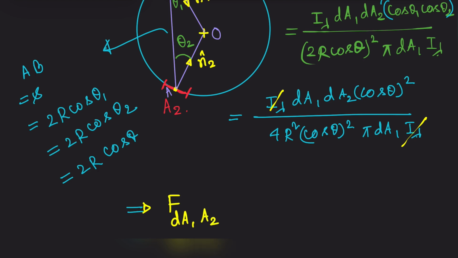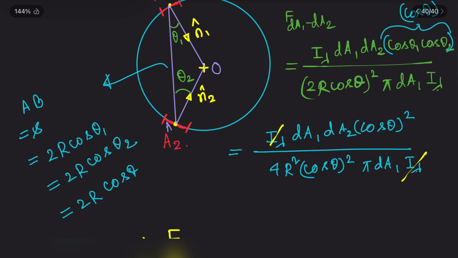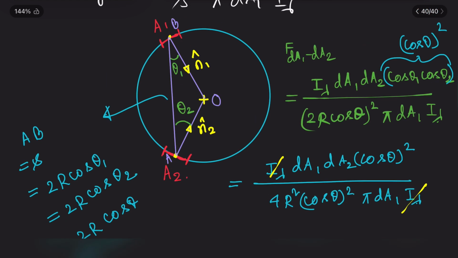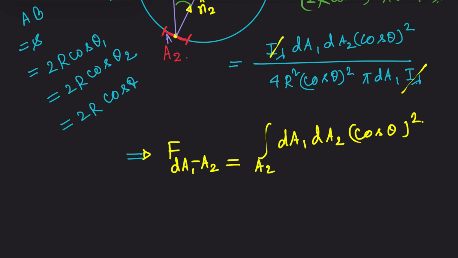Now let us say that we have to find F dA1 A2, that is the view factor from dA1. If this area is my infinitesimal area, maybe I will take a small area dA1, and from this small area, what is the view factor of this large finite area A2? That I will now be calculating. That means I have to integrate over only dA2, wherever there is dA2, over A2.